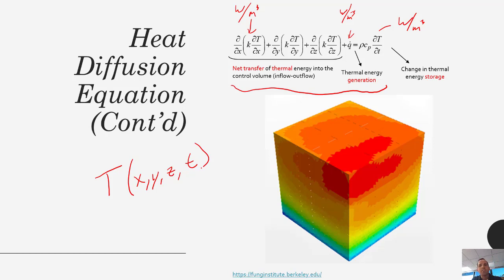By solving this equation with the appropriate initial conditions and boundary conditions, you would basically get a three-dimensional video for how temperature changes in a solid over time. You could get something as complex as this, which is from a numerical simulation. We'll cover numeric ways to solve the heat diffusion equation in this course, but there are also some analytic ways of solving it, when there are special simplifying circumstances.